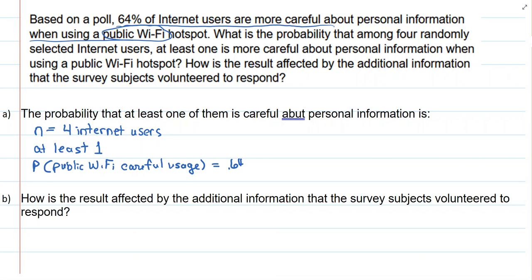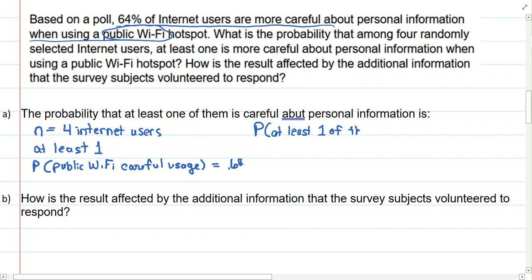But the idea is the probability that at least one of the 4 are careful when using public Wi-Fi. Okay, so the at least one says that I do 1 minus the probability of not being careful, right?